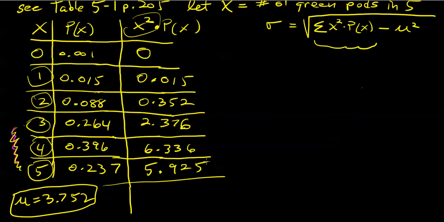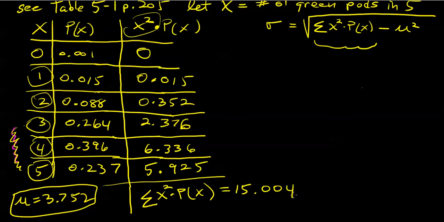Alright, so I now need the sum of all these products, and that's merely the sum of this third column. If you take the time to add them up, and I already did it ahead of time, it's 15.004. Now I'm going to keep as much decimal accuracy as I can stand here.